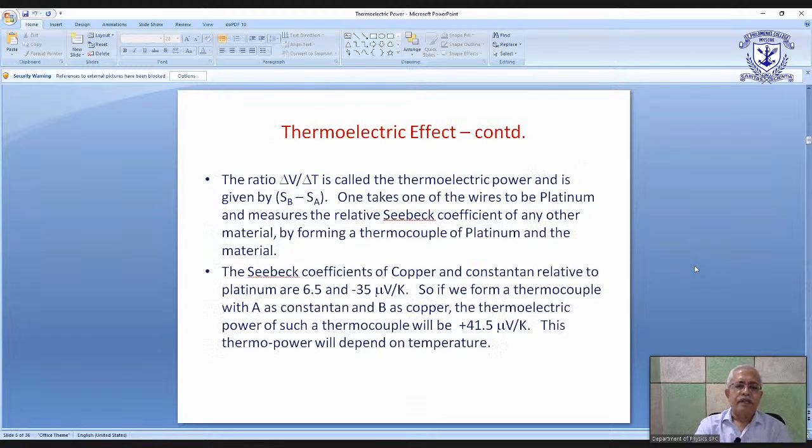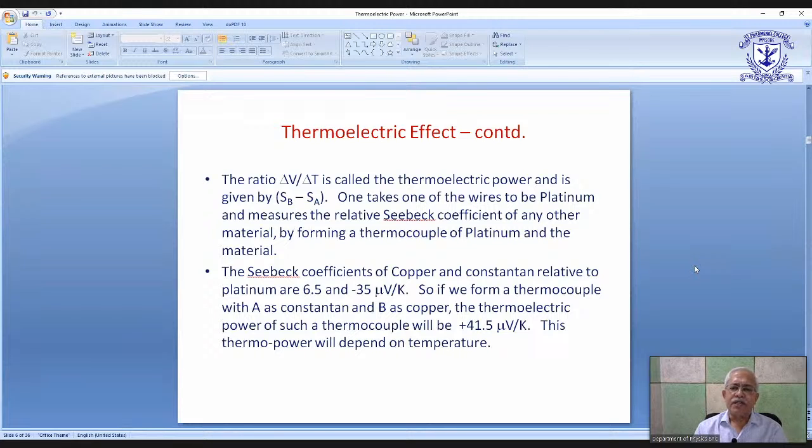One takes one of the wires to be platinum and measures the Seebeck coefficient relative to the Seebeck coefficient of platinum. And this is done by making a thermocouple out of platinum and the other material.